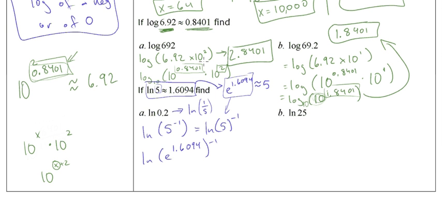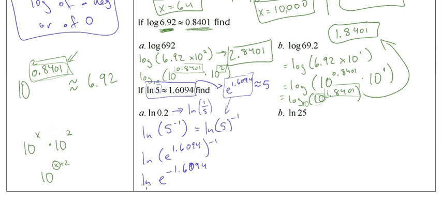And we'll end up with the natural log of, now, if we have the exponent to an exponent, then we multiply those together. So natural log of e to the -1.6094 power. And then remember, natural log, its base is e.